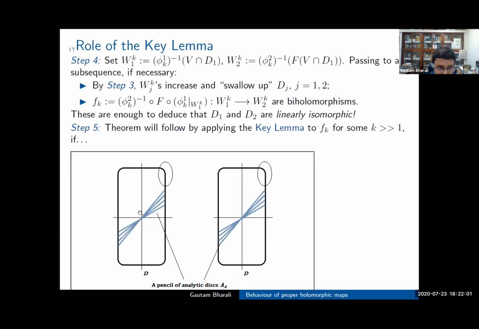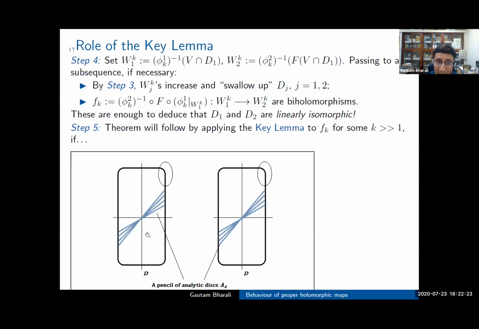So this schematic over here, you are seeing a pencil of disks. This pencil of disks is meant to depict either the delta z's, where z comes from that small open set U stated in that key lemma, or it plays the role of the delta f of z's in the key lemma.